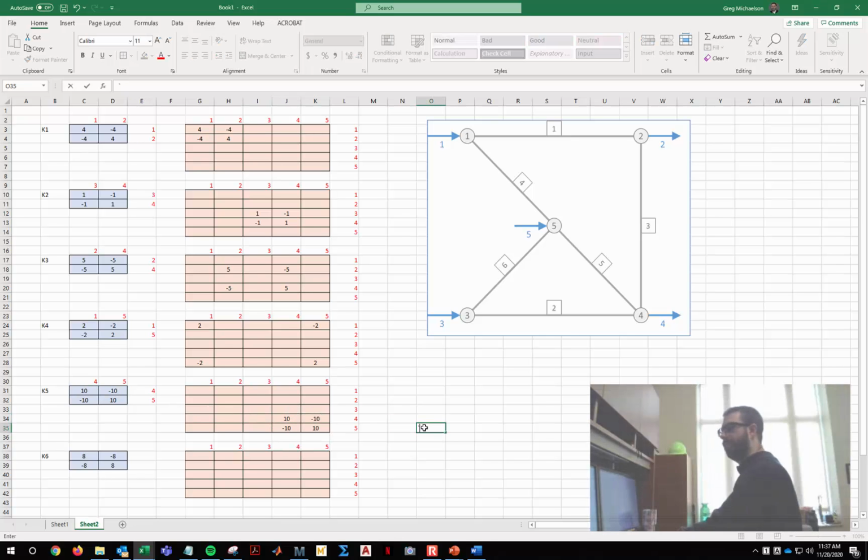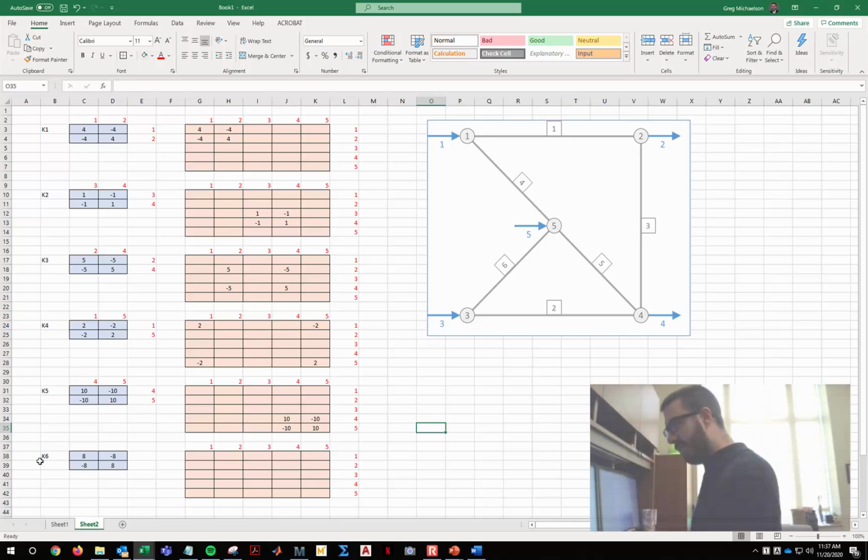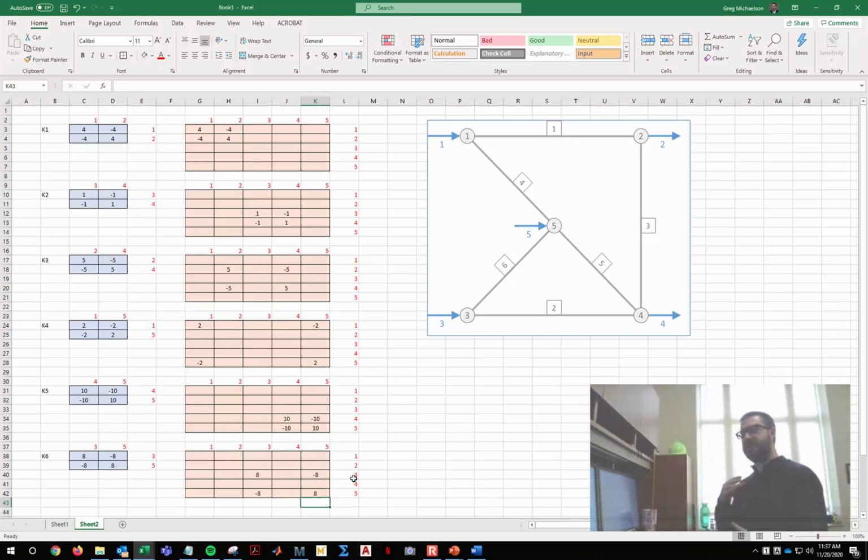Okay. Now, element number 6 is 3 to 5. So that goes here. And so there's your 6 stiffness matrices all aligned.